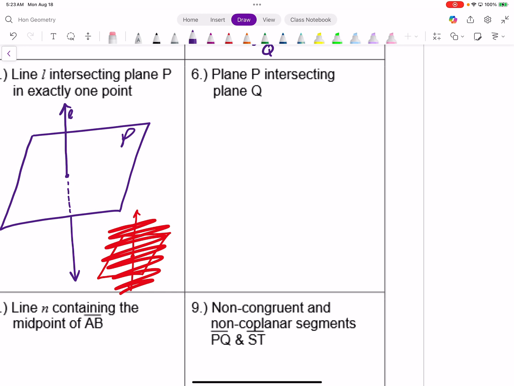Okay, so this is also hard to draw in my opinion because I'm not a very good drawer. But we've got plane P intersects plane Q. So let's say you take plane P, and we want it to get intersected with a plane Q. This is where I have trouble doing this part.